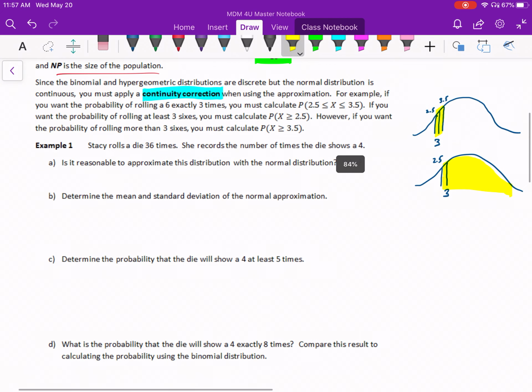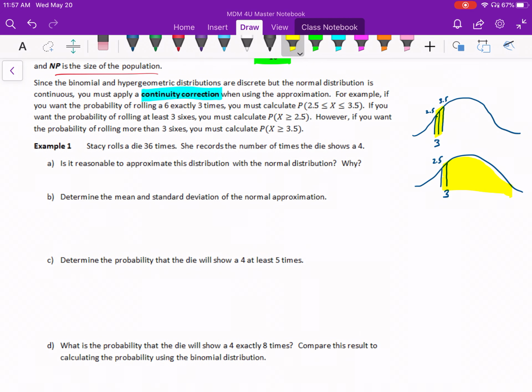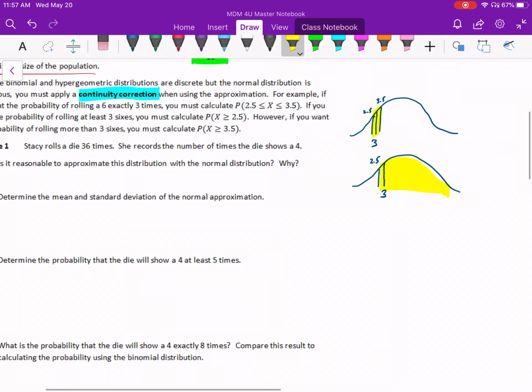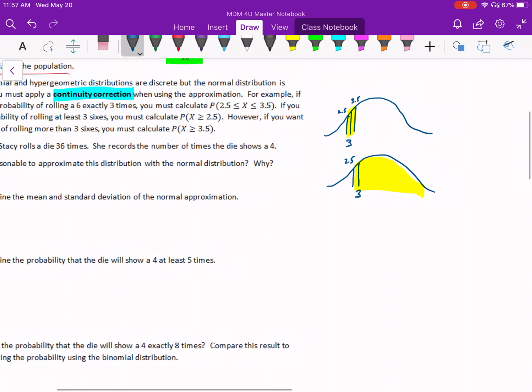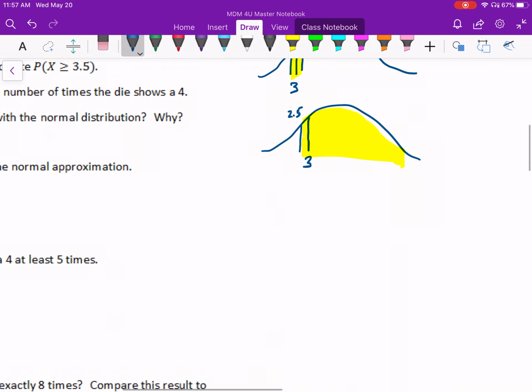However, if I want the probability of rolling more than 3 6s, without the at least idea, so we're no longer including the 3, it would look like this. Again, here's 3, but this time I go to 3.5, and I want more, so I color in this area. It's the difference between including the area between 2.5 and 3.5 or not.